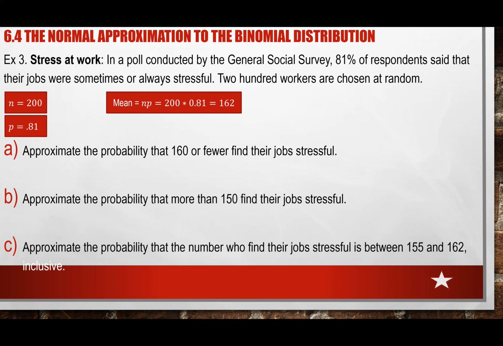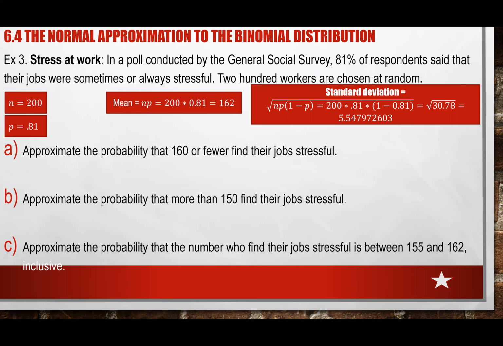N times P is about 162, meaning 38 is N times 1 minus P, okay? If on average 162 of them say that their job is stressful, then the leftover will say that their job is not stressful. So again, you can see that N times 1 minus P is bigger than 10. And that's my mean. And my standard deviation is just the same as before, just different numbers.